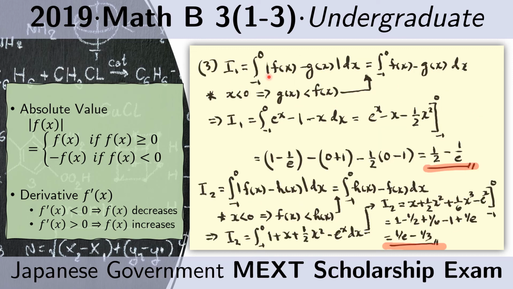For the third problem, we are asked to find the definite integral of the absolute value of the difference between f and g. And for the second integral, that's the difference between f and h. So we notice that this is just f minus g, which is u of x. And here we have f minus h, which is v of x in the previous slides.